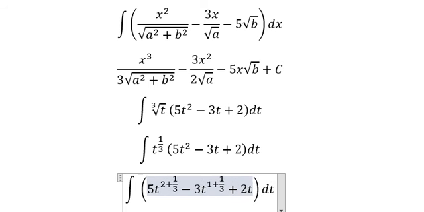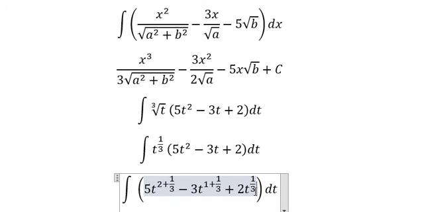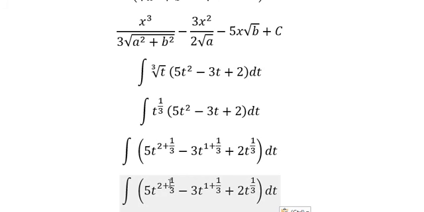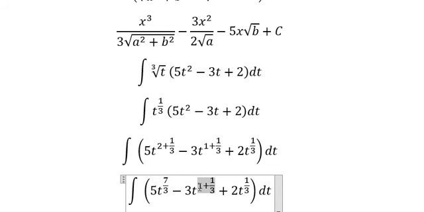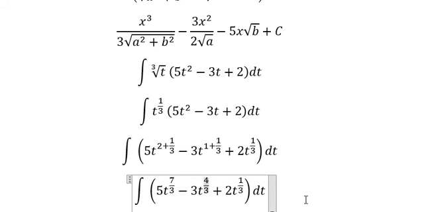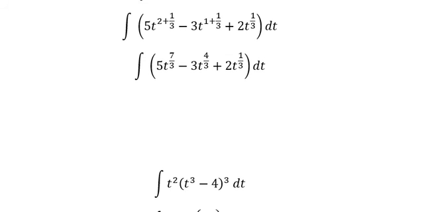And the last one, so this one you will get 7 over 3. This one we will get 4 over 3, and now we got the final answer.